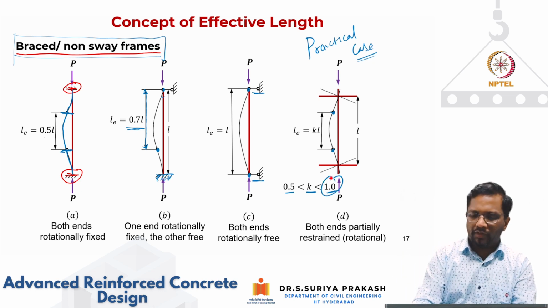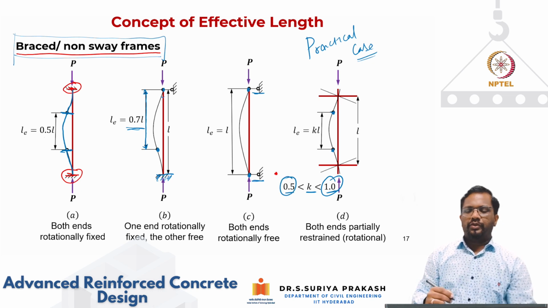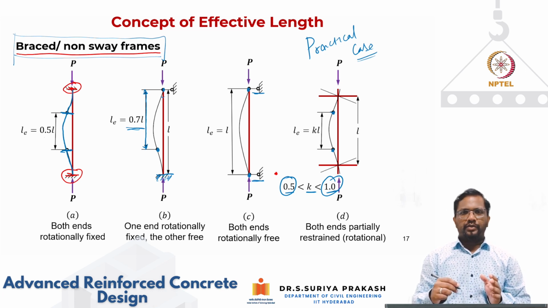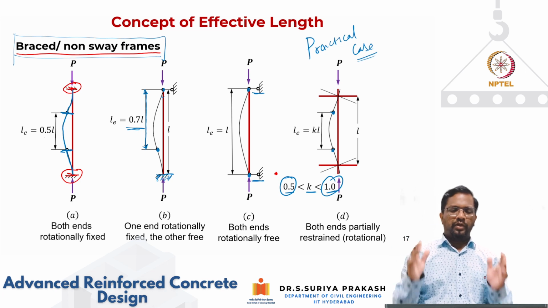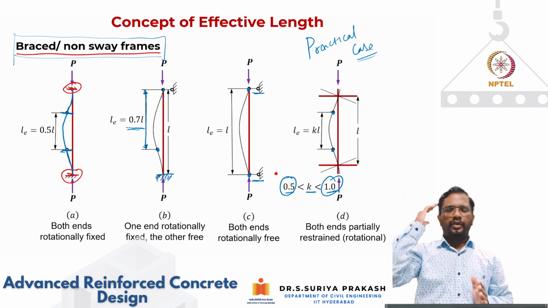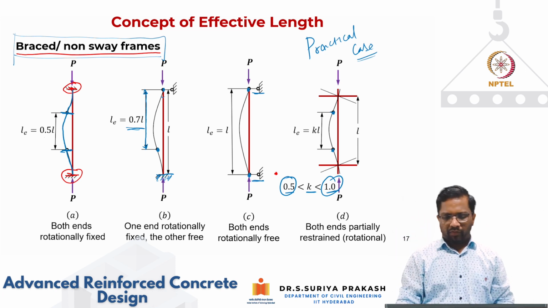Which is 1. What is the minimum value of K that is possible? Which is 0.5. So for a braced frame, the effective length factor K is going to be between 0.5 and 1. The moment you find that the column is part of a braced frame, you can fix that K is going to be between 0.5 and 1.